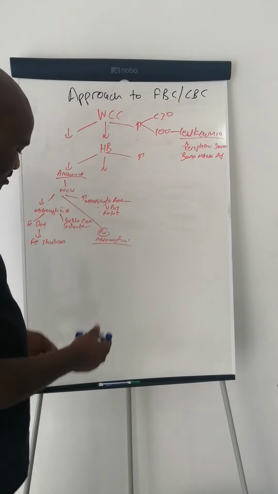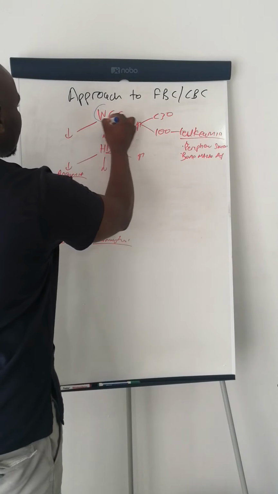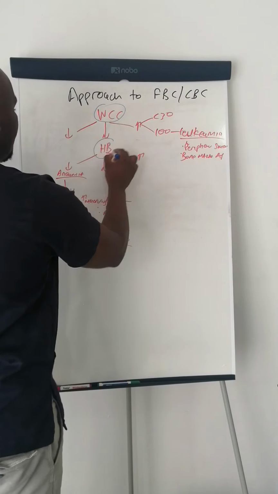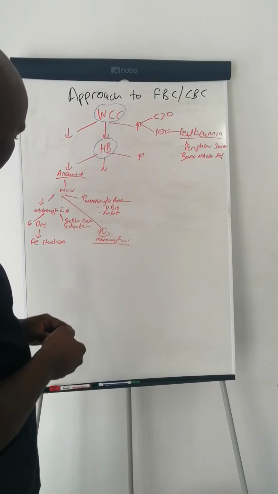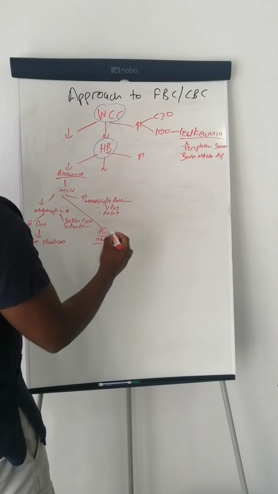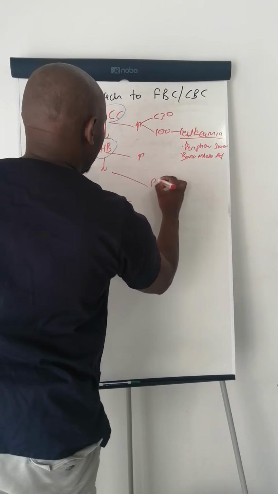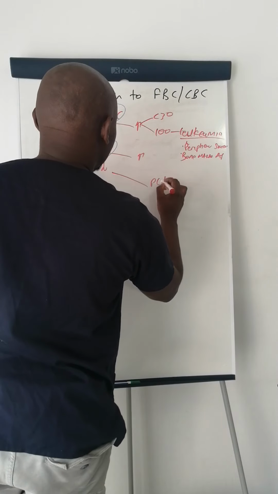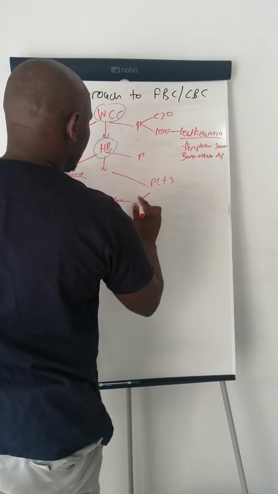Now I've looked at my FBC, I've looked at white cell, I've looked at my HB. What's the next thing that I will look at? I will look at my platelets. Are my platelets low?